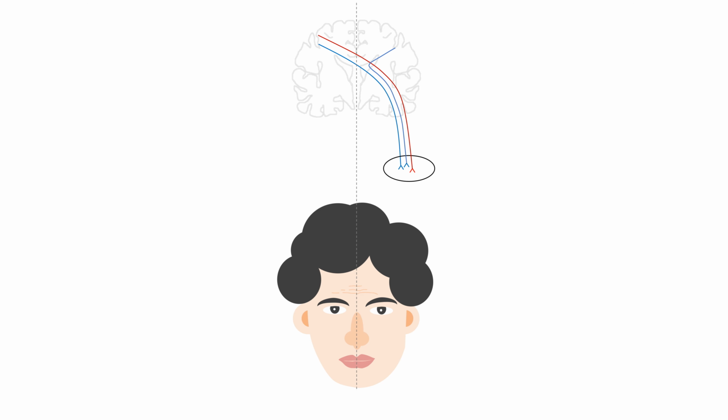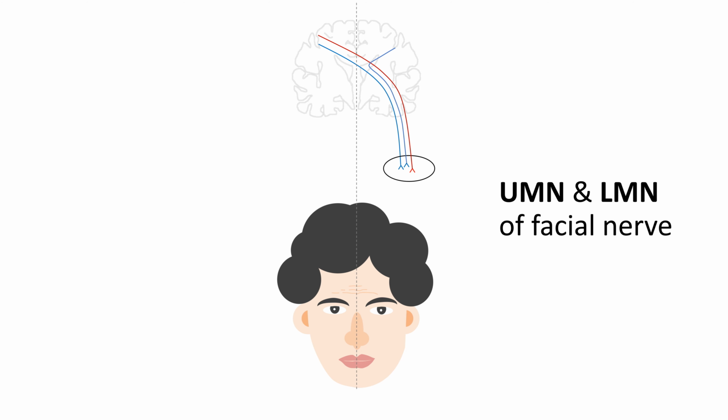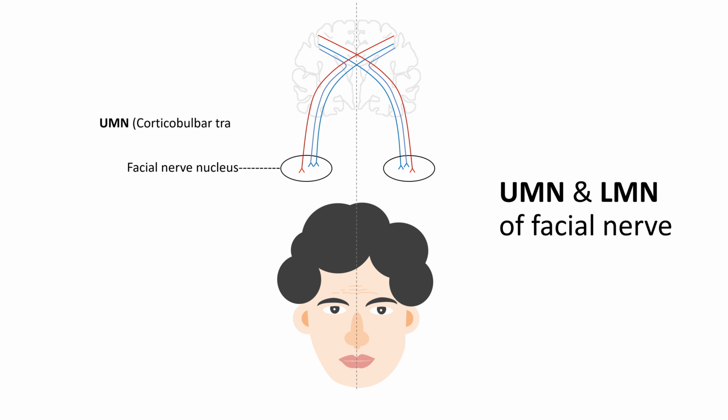To understand the characteristic clinical presentation, we should be clear with few basic things like what is upper motor neuron and lower motor neuron of facial nerve. Firstly, the nerve fibers which arise in the concerned motor cortex and relay in the facial nerve nucleus in the brainstem are called the upper motor neurons, that is corticobulbar tract.